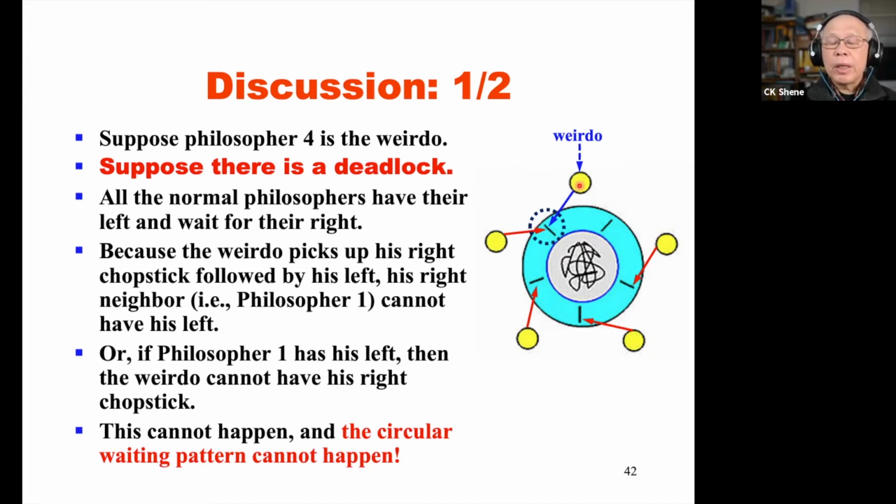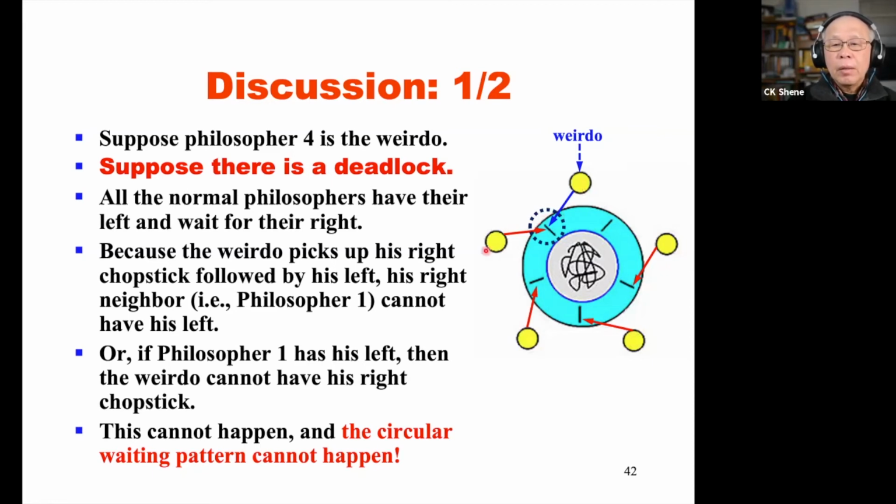Not necessarily everybody can eat, because that's impossible. 5 chopsticks can only allow 2 philosophers to eat. So as long as one philosopher can eat, there is no deadlock. Hope you understand this. Now, let's assume that the weirdo has his right.